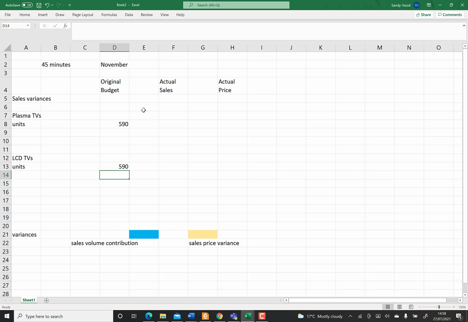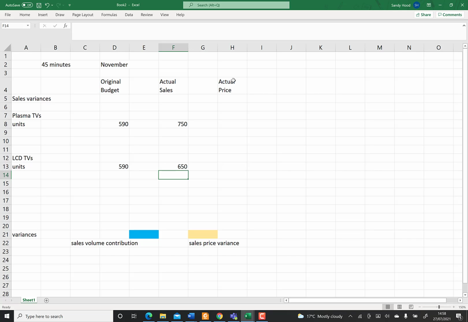Actual sales volume was 750 plasma, which is a good old achievement, and 650 again, beating the target for the LCDs.